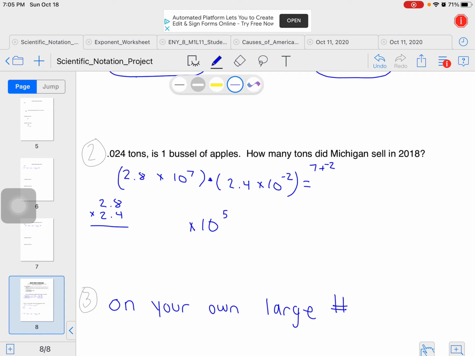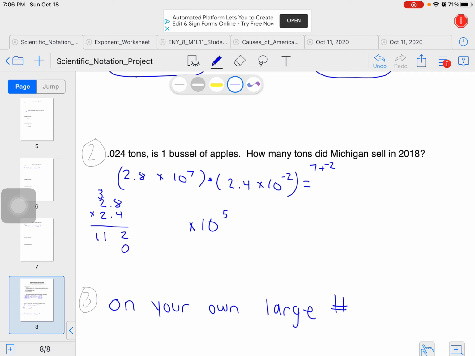And then I can either solve what is 2.8 times 2.4 on a calculator, or I can solve it by hand. This times this is 32, carry the 3. 4 times 2 is 8, 9, 10, 11.